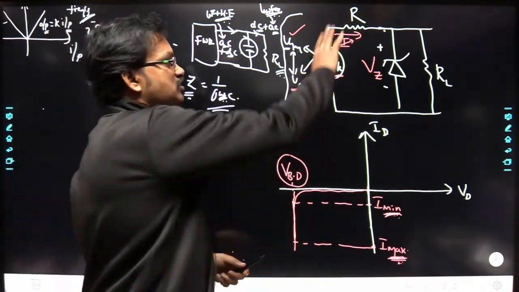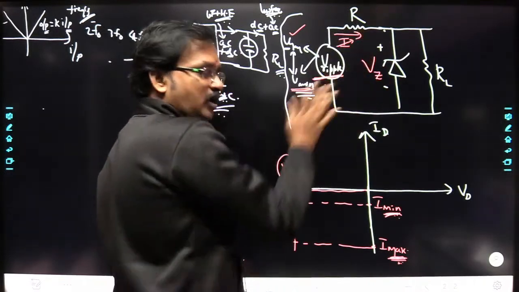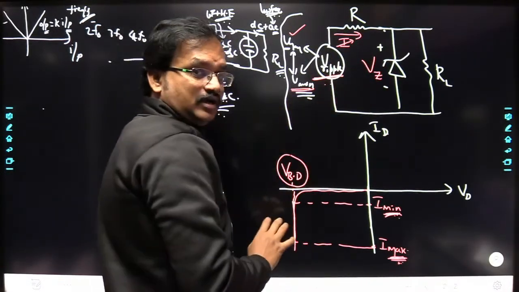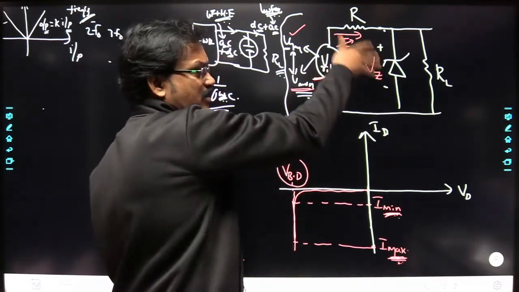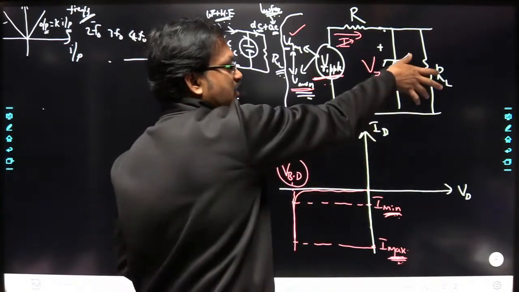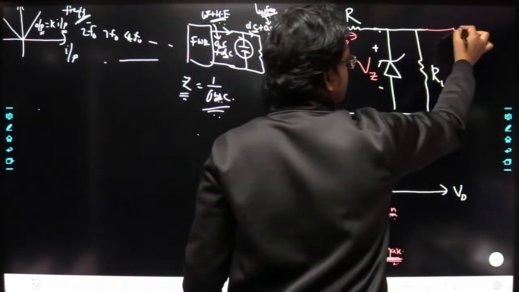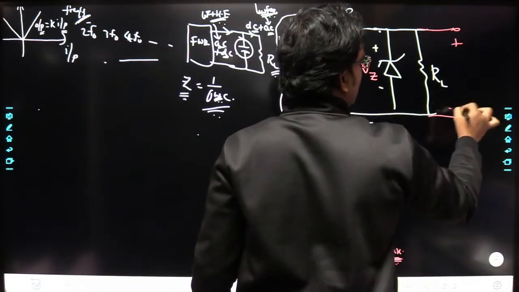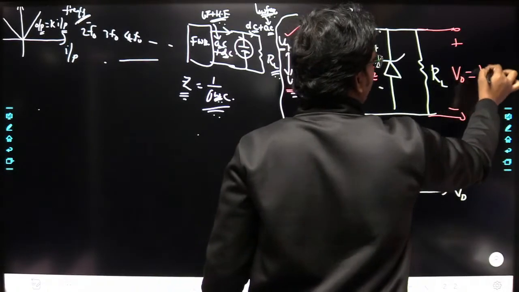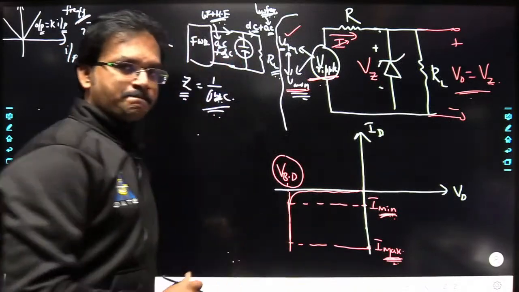So whatever the fluctuations in current here, the Zener diode can allow those fluctuations in current, and it is going to maintain what? It is going to maintain the constant voltage at the output. Here VZ means the output is also at what? The output will also be the same VZ. Yes or no? These two are in parallel.